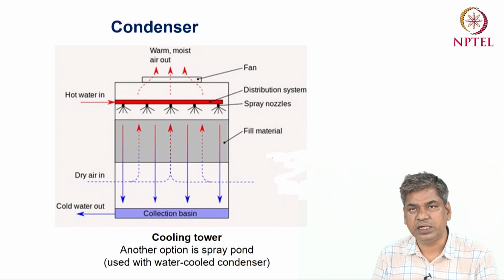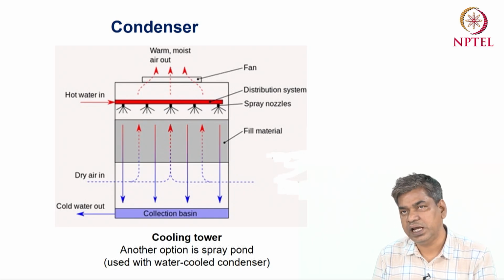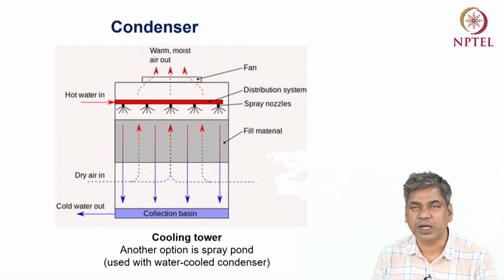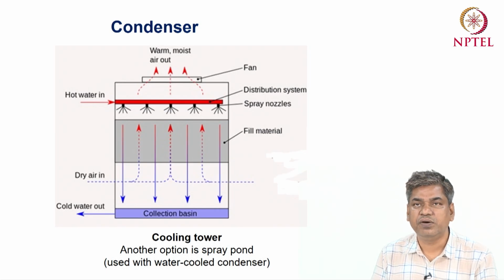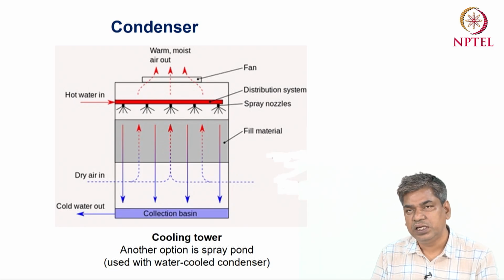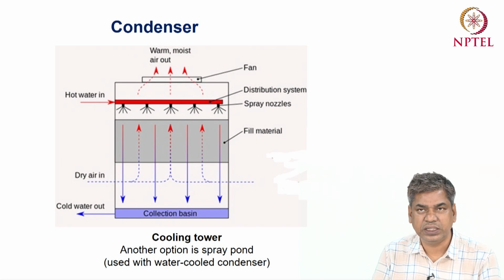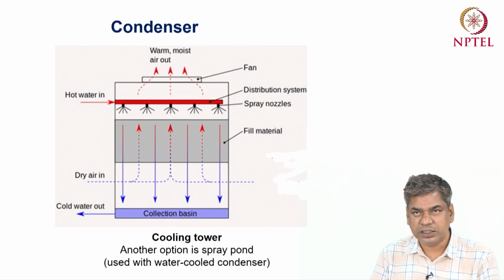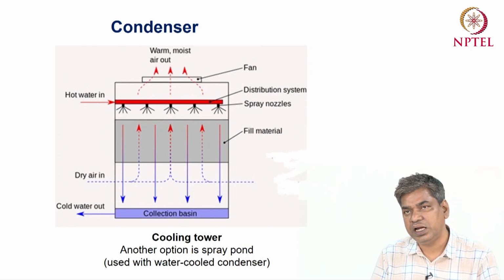Air is supplied from the bottom side and comes out from the top of the cooling tower. The air flows upward and the water droplets flow downward. In between, some of the water will evaporate, and the rest of the water will cool down because it loses the latent heat of evaporation.